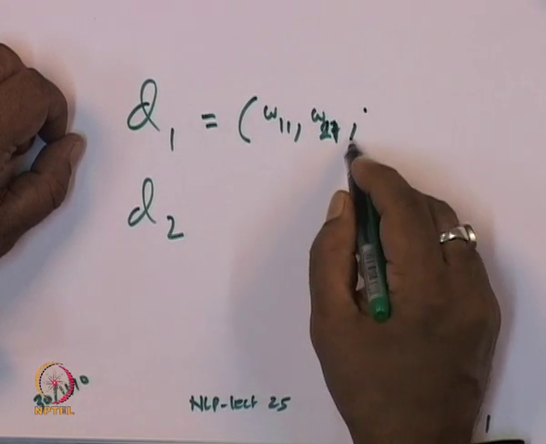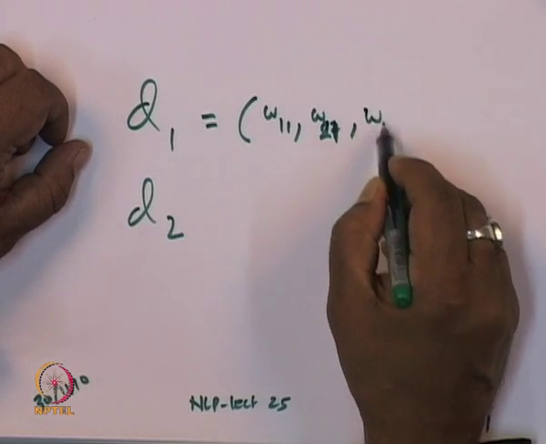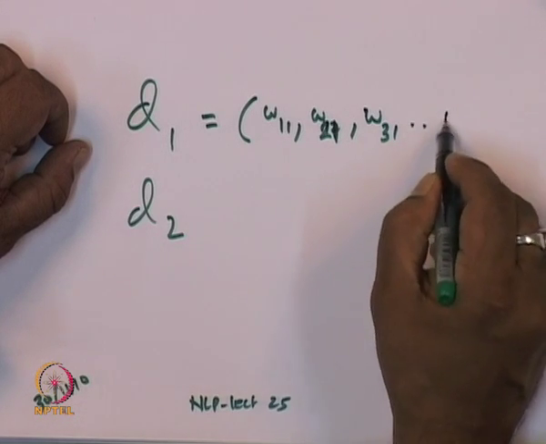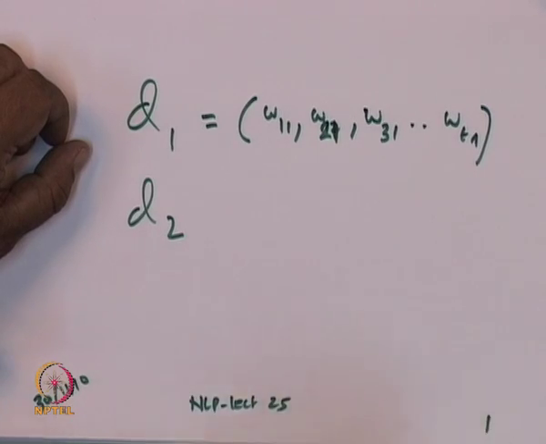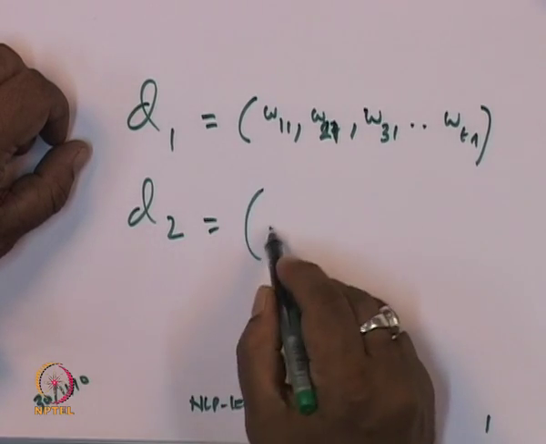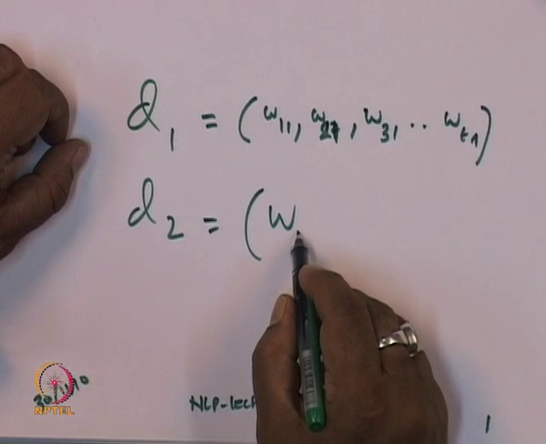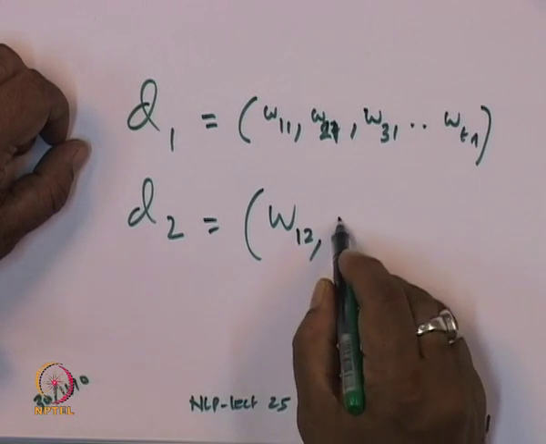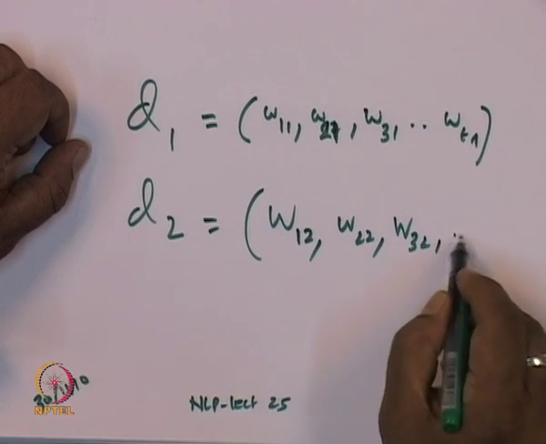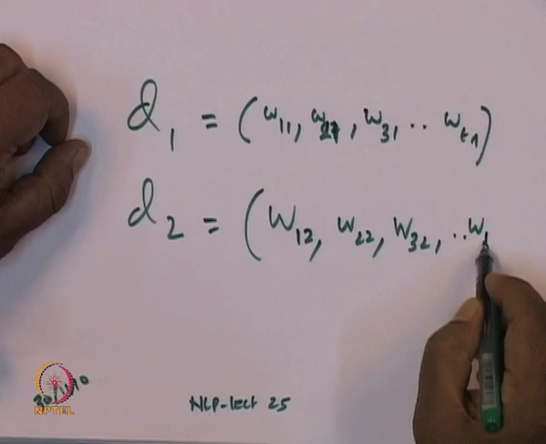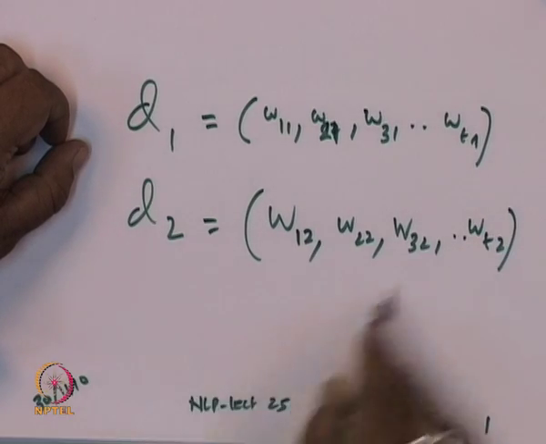The second suffix is the document suffix, W31 up to WT1, corresponding to T keywords. And for document 2, it is W12, W22, W32 up to WT2. Okay, we have these two documents.